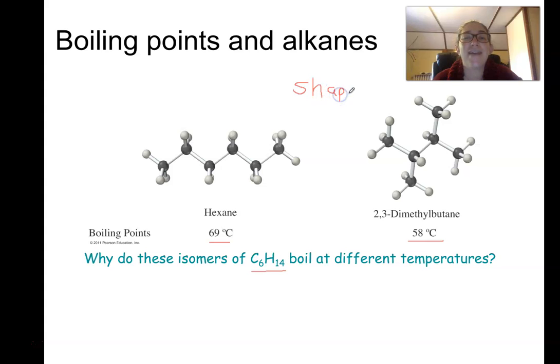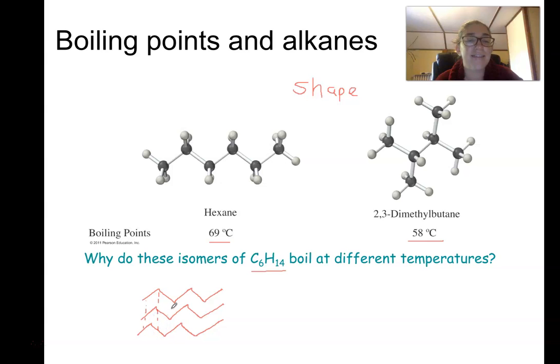I like to use this analogy: if we draw out the skeletal structure here of the hexane, hexane looks like this. And so hexane molecules can stack really nicely, all right, because they're relatively straight. And because of that, you can get more London dispersion forces, because there's just more contact.